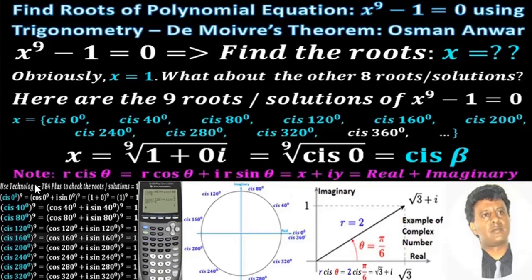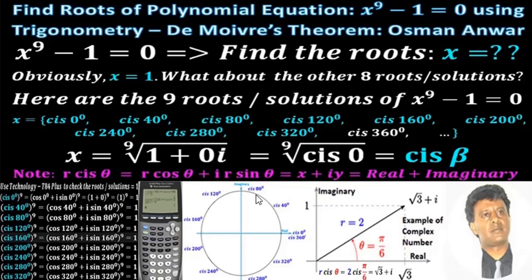So now notice that r cis theta is equal to r cosine theta plus i r sine theta. R cosine theta is x, r sine theta is y. So this is x plus iy, that is real plus imaginary, and it is called a complex number.